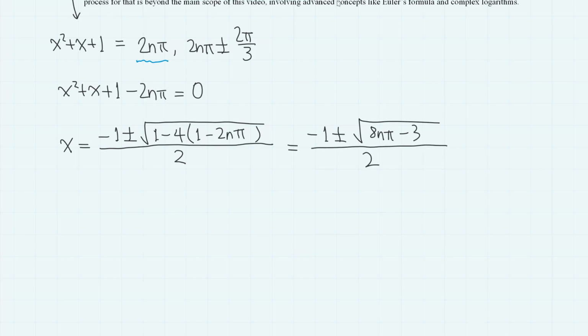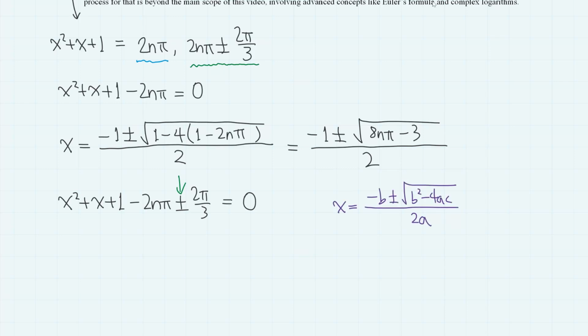As for x squared plus x plus 1 equals 2n pi plus or minus 2 pi over 3, we have x squared plus x plus 1 minus 2n pi, and we can write plus or minus 2 pi over 3, equals 0. Here, you can keep this plus or minus if you want, but since we are about to use the quadratic formula, which also involves a plus or minus that is independent of the other one, I will just divide cases to avoid confusion.